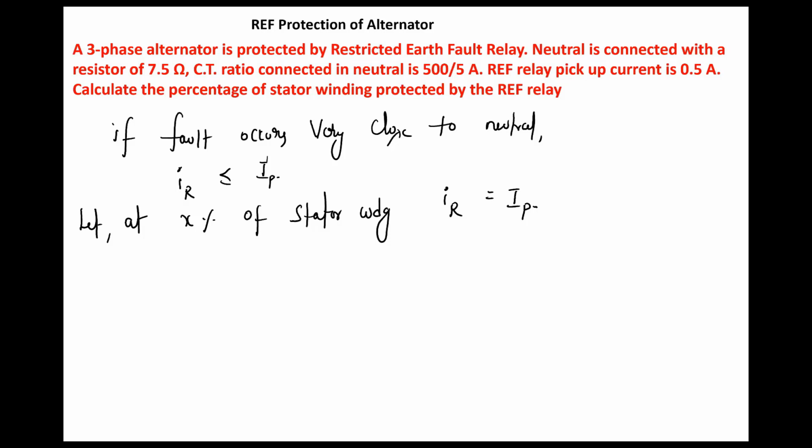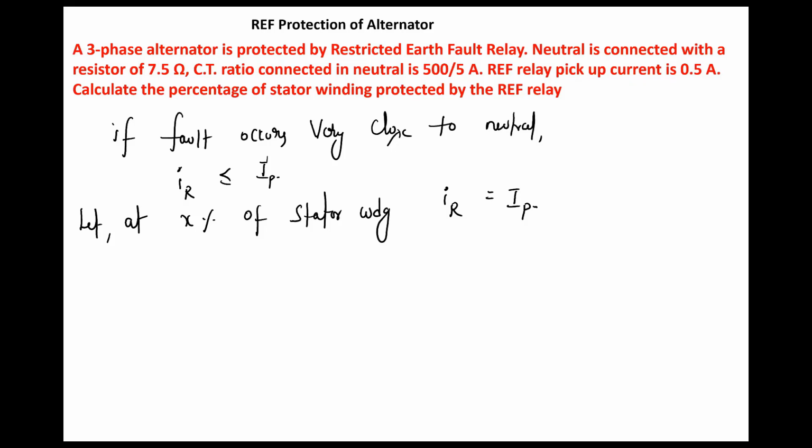What is the implication of this? Any fault above 15%, that means fault occurring at 16%, 20%, 30%, then the fault current is greater than the pickup value and the relay will operate. At 15%, both are matching. Below 15%, the relay current is less than the pickup current, so the relay will not trip.